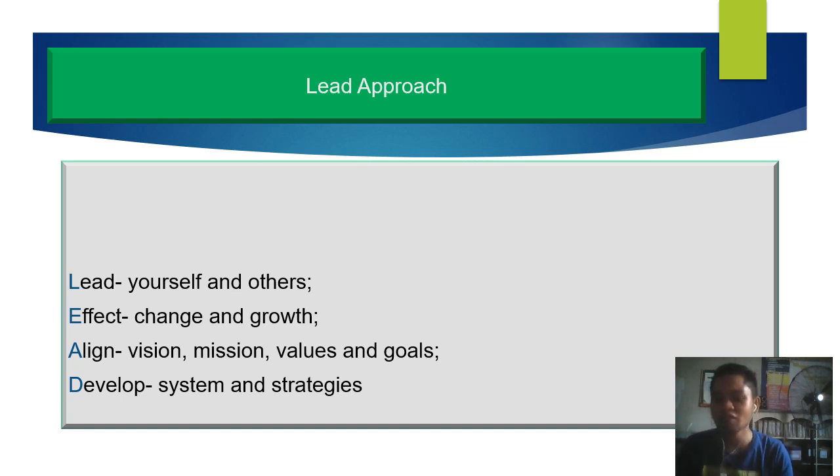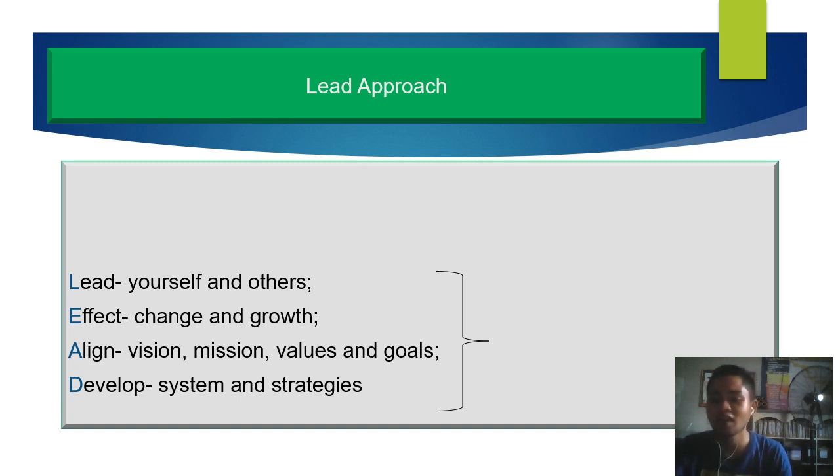The vision, mission, values, and goals connect to how the Department of Education, or our educational system, visualizes our learners' future and develops systems and strategies.